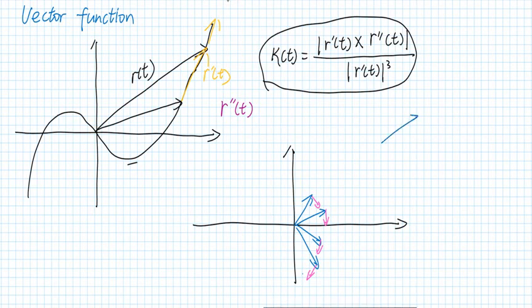If r'(t) is perpendicular to r''(t), the r''(t) won't change the length of r'(t), but it will make r'(t) rotate, like this.